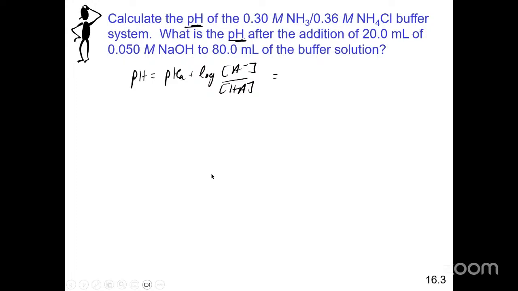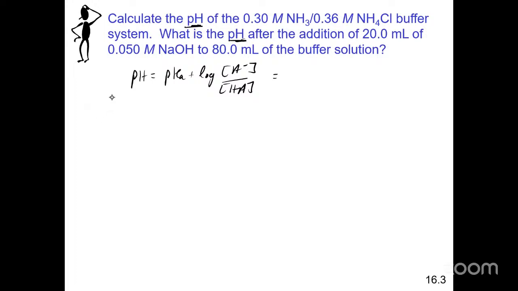Okay, now we have to ask ourselves the question: what happens when we add the sodium hydroxide to this mixture? Well, as I said before, when you add a base to a buffer mixture, the base is going to react with the acid part of the buffer, right?